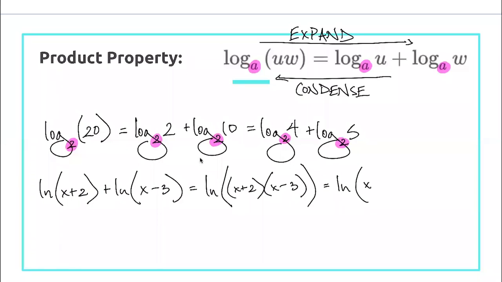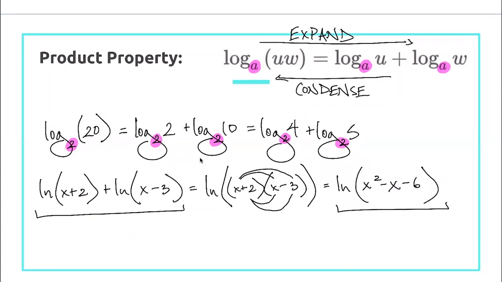And we would get x squared, because x times x is x squared, minus 3x plus 2x, so minus x. And then 2 times negative 3 gives me negative 6. Okay? So this expression is equal to this one.